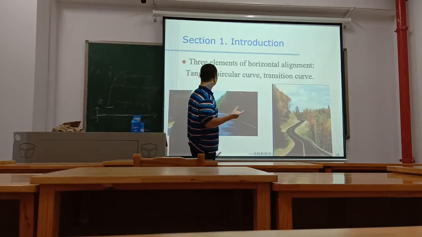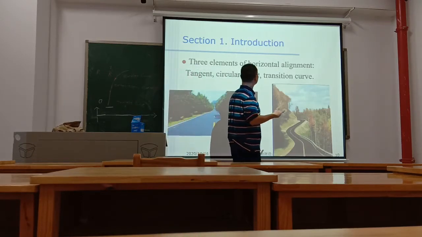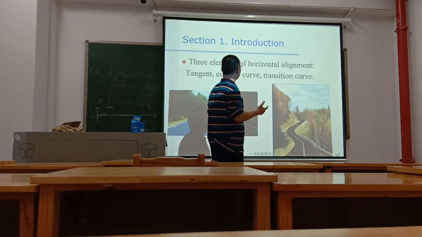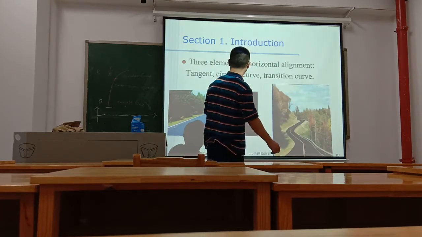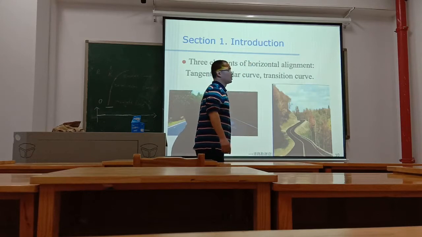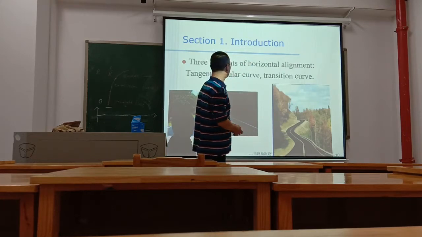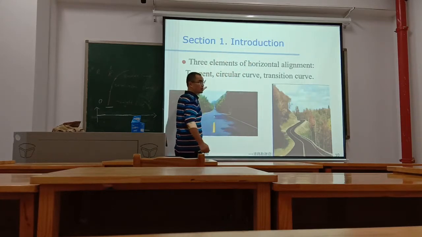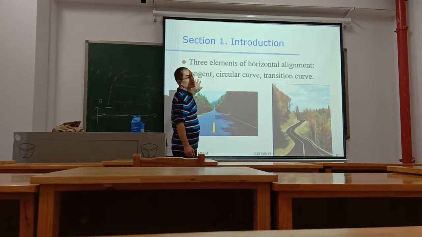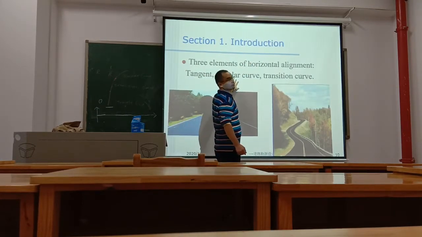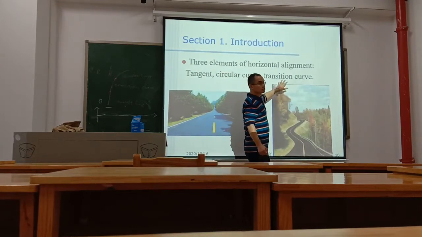There are three elements of horizontal alignment. One is tangent, or straight line. Tangent is straight line. Circular curve and transition curve.